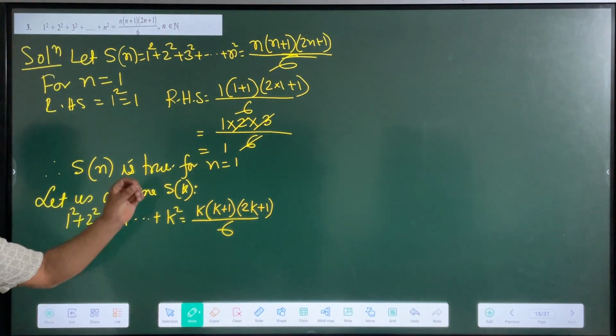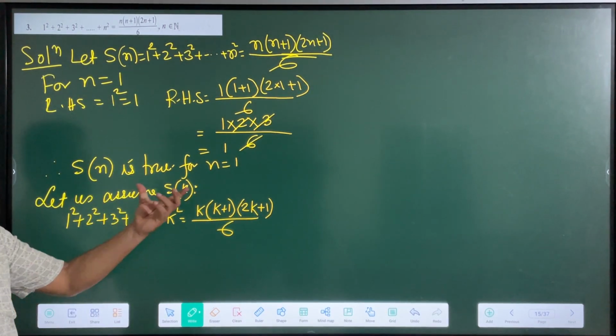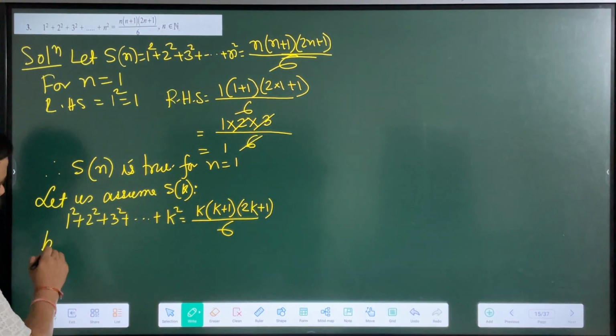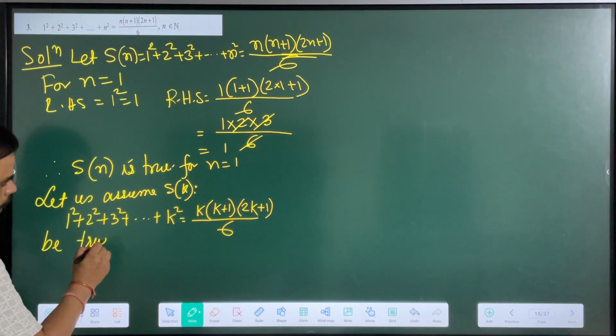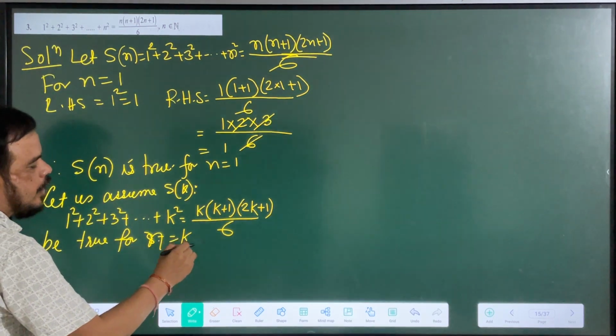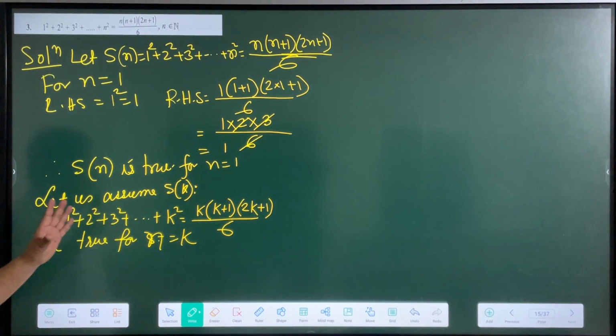Just in place of n, we have to put k. This is left hand side, this is right hand side. But this one we don't have to prove. We can write: let Sk be true for n equals to k. This is what we always have to write.